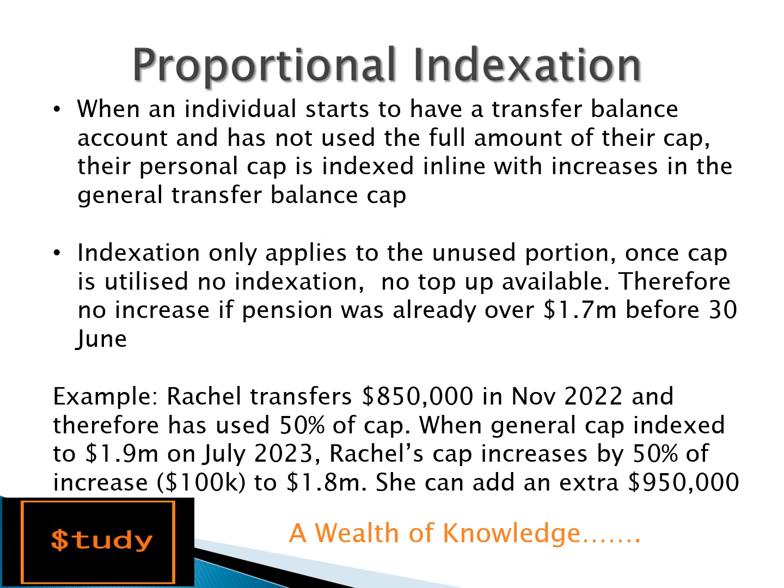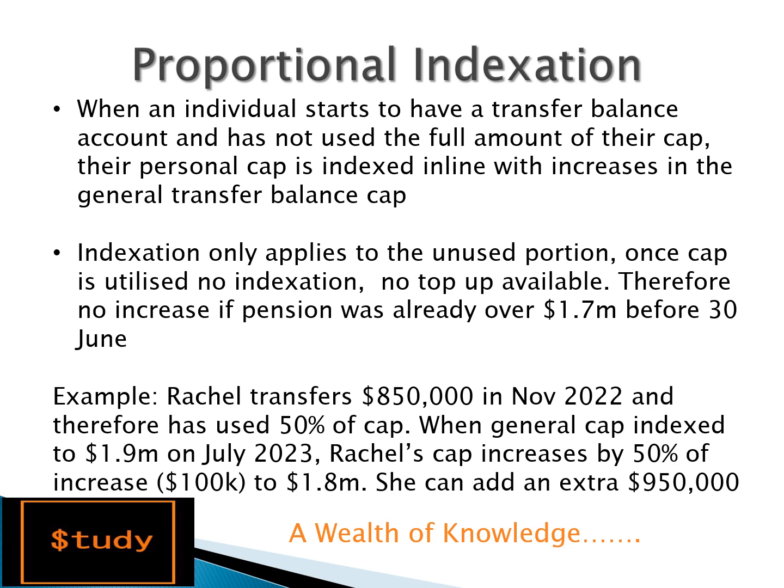Let's say currently 1.9, your transfer balance cap would be 1.9, and so long as you keep under that 1.9, all is good. But the instant the cap goes from 1.9 to $2 million, does your cap increase to $2 million? No, it doesn't. It goes up, but it will not go up the full amount.